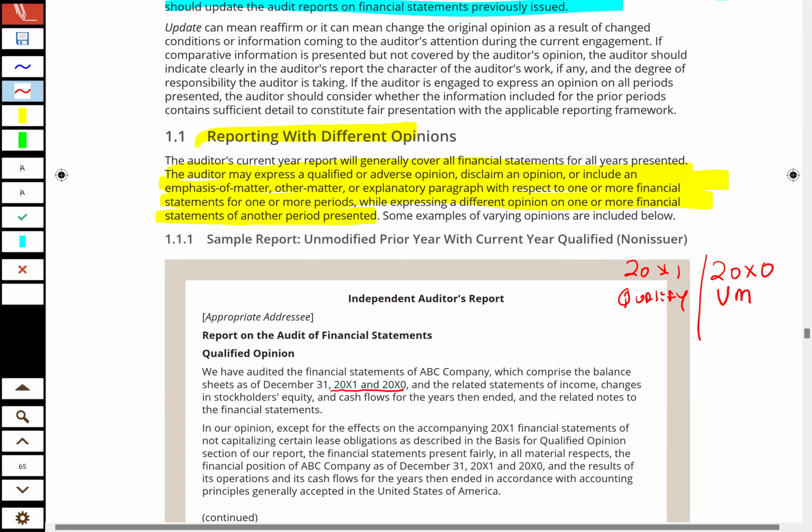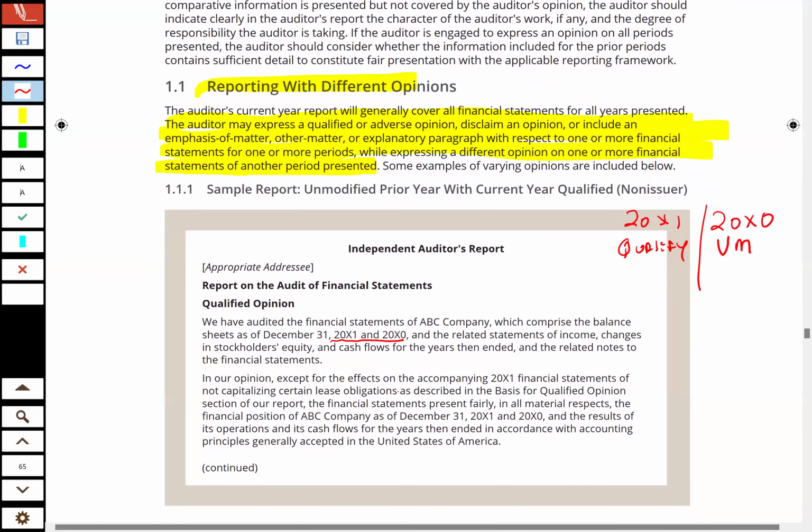And then what we say is, in our opinion, except for the company's 20X1 financial statements not capitalizing certain lease obligations, as described in the basis for qualified opinion section of our report, the financial statements present fairly, in all material respects, the financial position of ABC Company as of December 31, 20X1 and 20X0, and the results of its operations and cash flows for the years then ended.